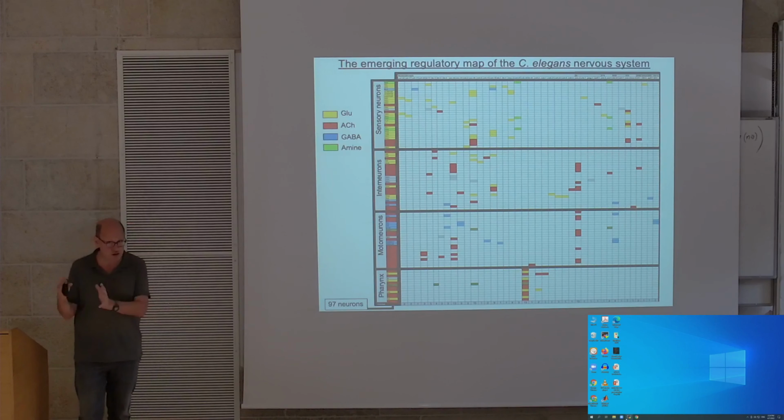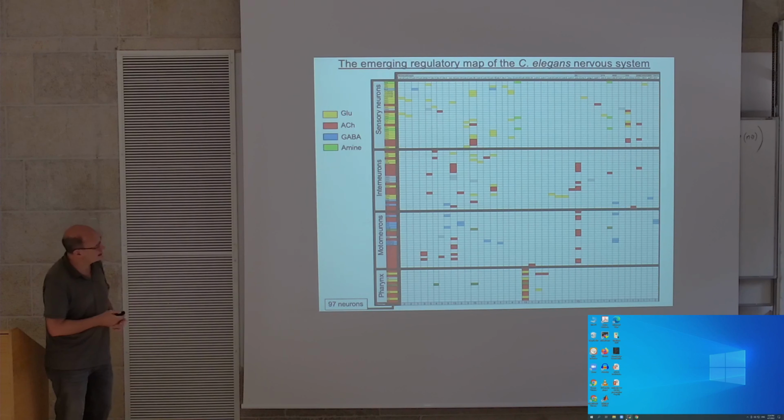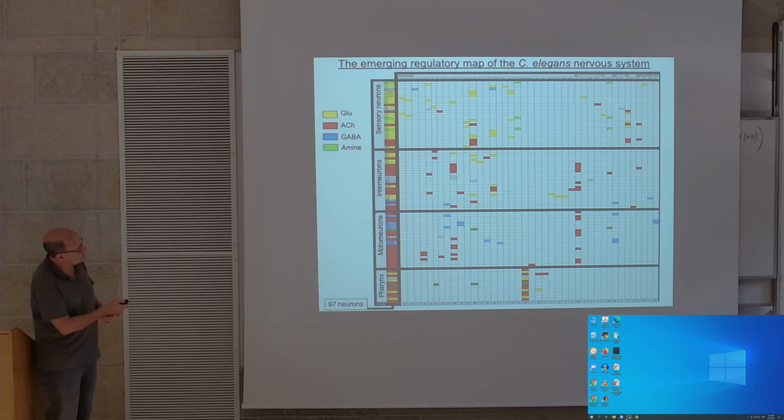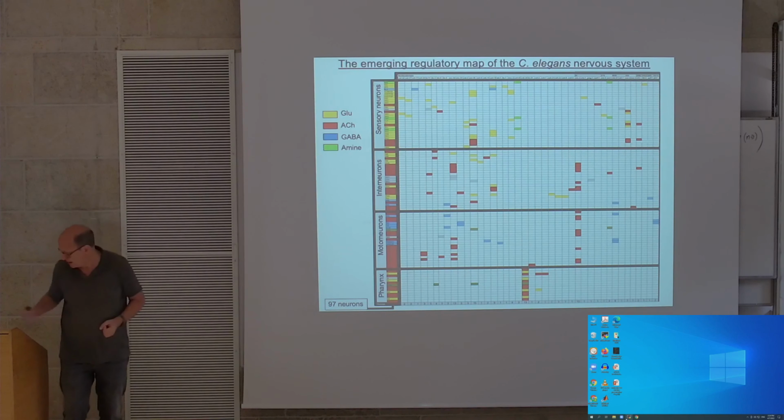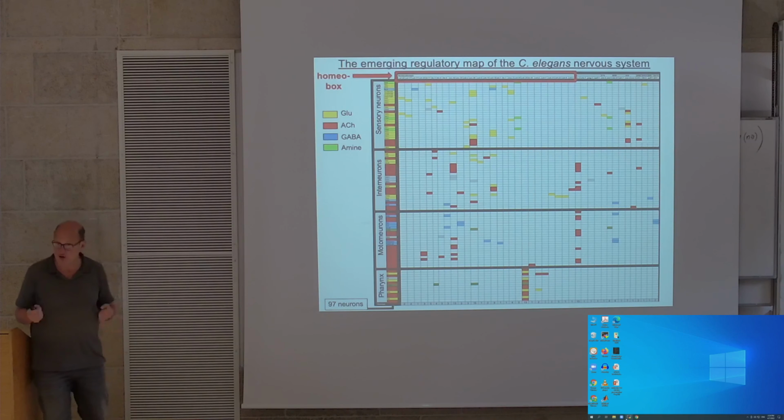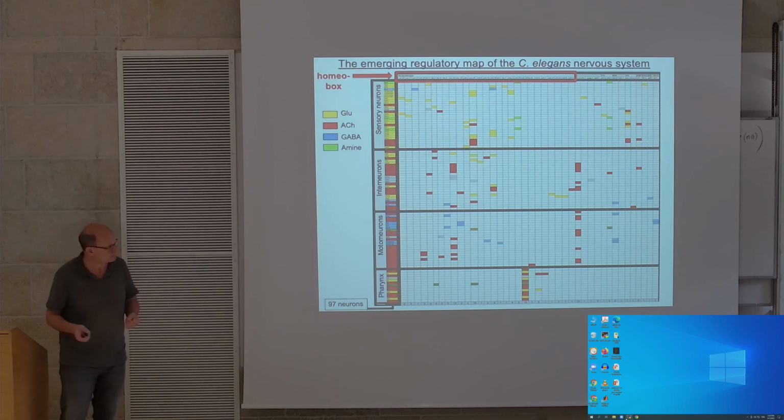I'll come to this evolution aspect at the very end of my talk, but I want to first bring home a point that you could have only seen if you had very good eyes, which is that the majority of transcription factors that we found to be involved in neuronal identity specification are actually members of a specific family of transcription factors encoded by Homeobox genes.